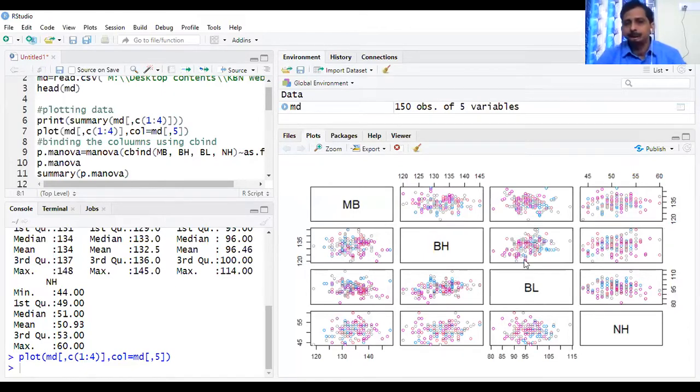It is not mandatory that you should have a graphical display, but to make ourselves comfortable about what sort of pattern relation exists between length and height and breadth. But the rest, like height and breadth and nasal height with respect to the other three, are totally independent.